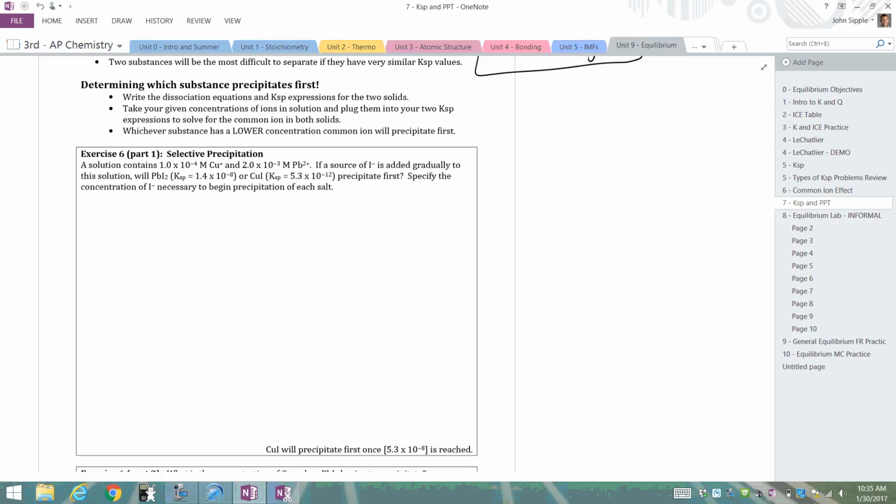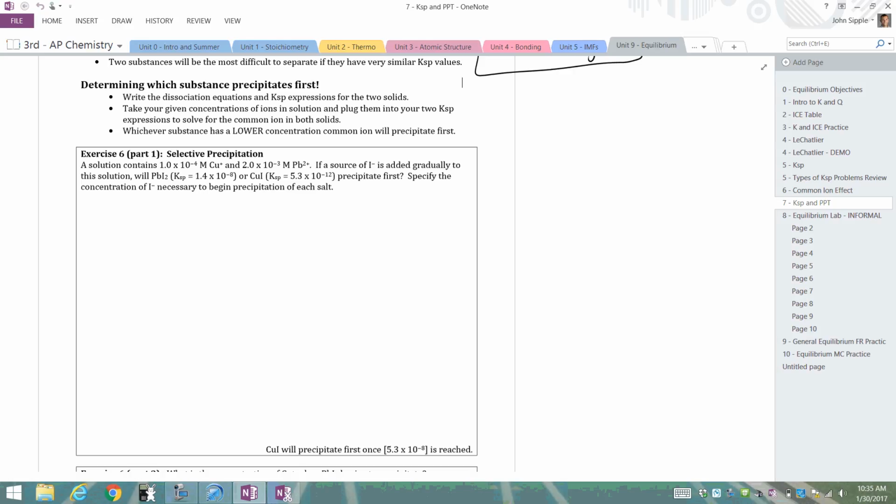The PbI2 has a Ksp of 1.4 times 10 to the minus 8. And the copper iodide has a Ksp of 5.3 times 10 to the minus 12. And they want to know which is going to precipitate out first. Which one are we going to start separating from the solution first? Well, the problem with that is, can we just compare Ksp values there?